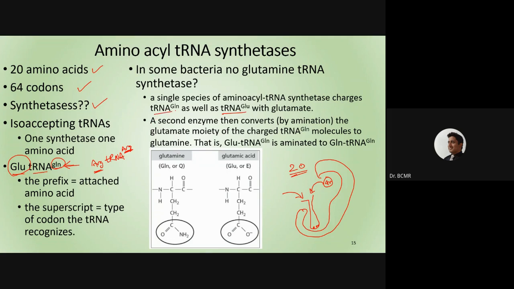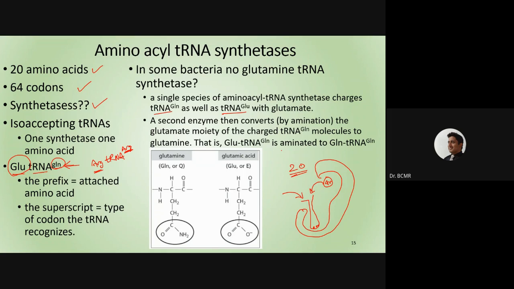In some bacteria there is no tRNA synthetase for glutamine. Then how does the tRNA for glutamine get charged? The same enzyme recognizes both the tRNAs, that is for glutamic acid and glutamine, and it charges it with glutamic acid.